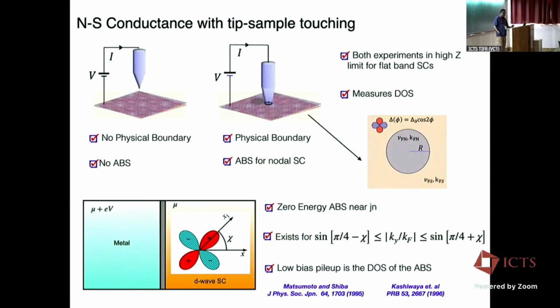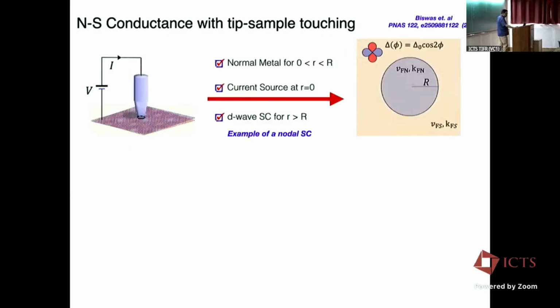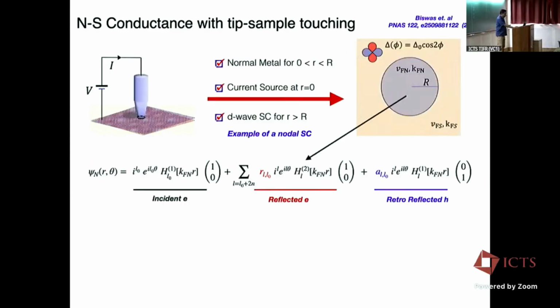Okay, so the claim is, what is happening here is when you are crashing, roughly speaking, you are creating a boundary. There's an Andreev bound state, and the density of states you are seeing should include the Andreev bound state, whereas in the other case, you are just looking at the bulk density of states, so you are not seeing anything. Okay, so you can do, again, similar calculations, but now with the circular geometry.